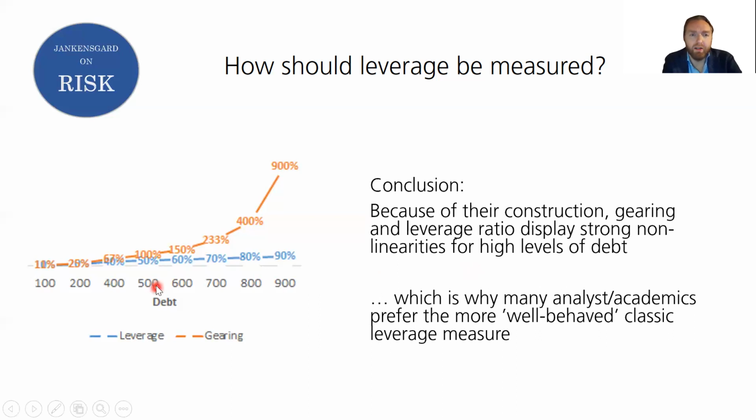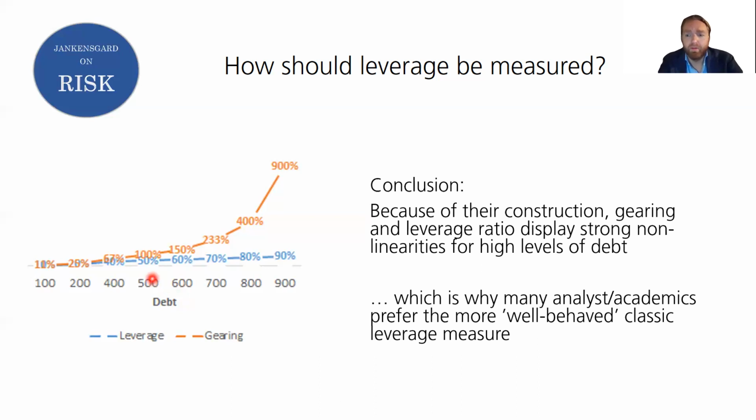But it's not like nonlinearities go away just because you use leverage. It seems like a nice linear increase here, but there are substantial nonlinearities in that measure in this end of the spectrum instead. So leverage is a bit elusive in that sense, that you can get very large increases for a change in absolute magnitudes that doesn't imply a very, very large shift in risk.